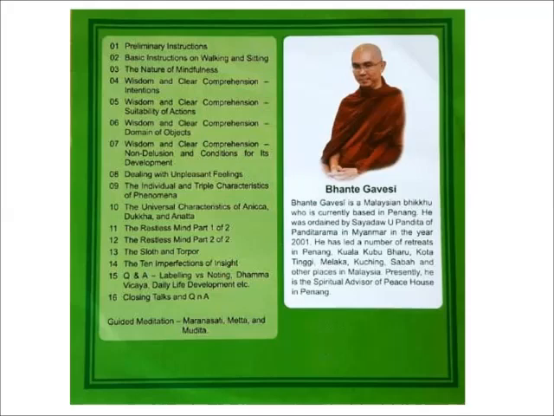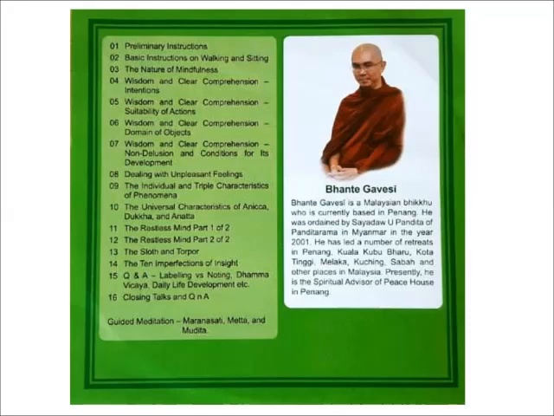For example, like the seven factors of enlightenment. What are the factors there? Mindfulness, clear investigation of Dhamma, joy, effort. Then you have concentration, tranquility, and equanimity. So these states of mind also can be directly known.